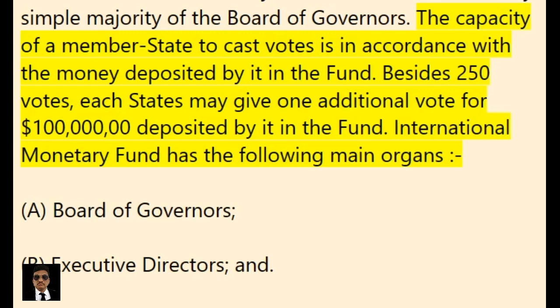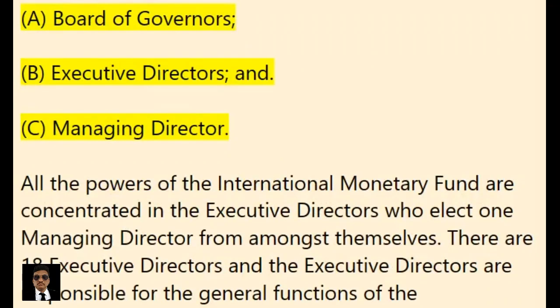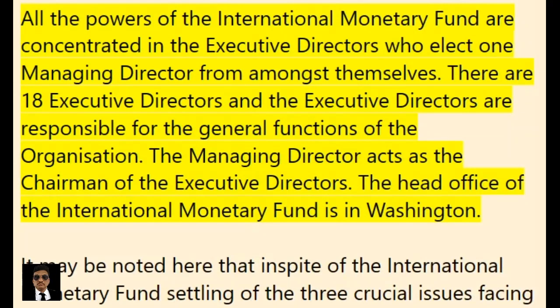The International Monetary Fund has the following main organs: A. Board of Governors, B. Executive Directors, and C. Managing Director. All the powers of the International Monetary Fund are concentrated in the executive directors, who elect one managing director from amongst themselves.